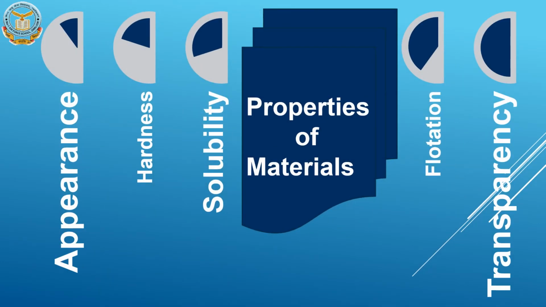Different types of materials have different properties. They differ from one another in appearance, hardness, solubility, flotation, and transparency. Let us now learn about each property one by one.